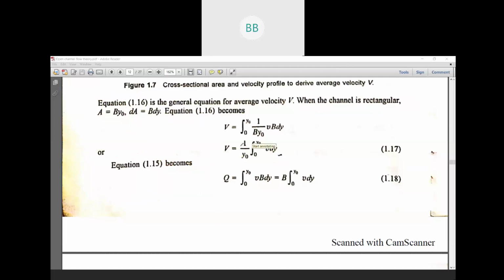Then 1 by capital A, the whole cross sectional area, becomes 1 by B into y naught.